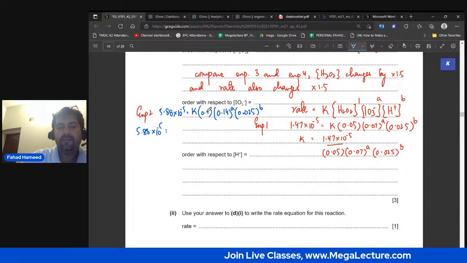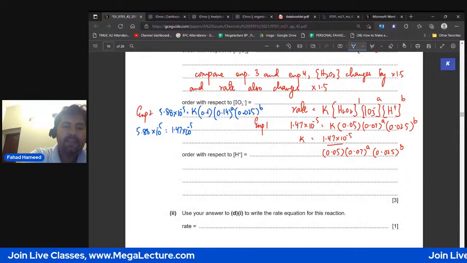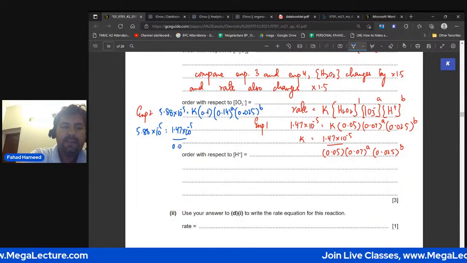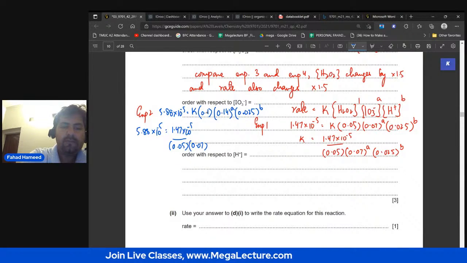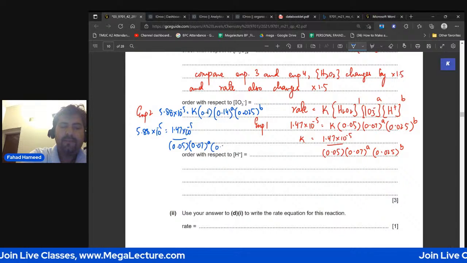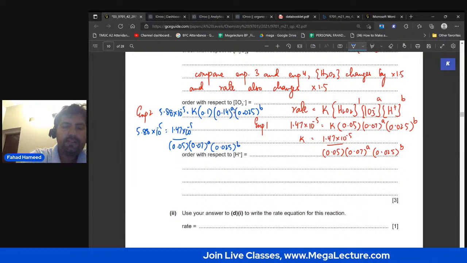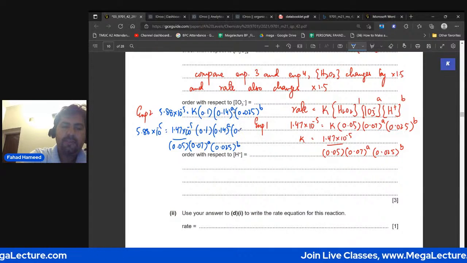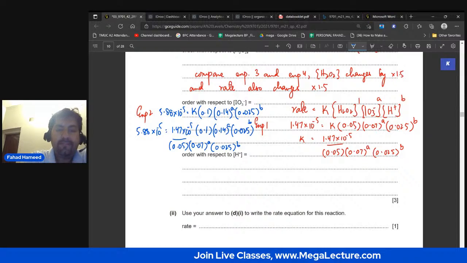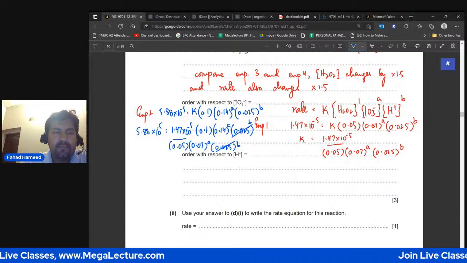The K value is 1.47 times 10 power minus 5, and divide by this whole thing, which is 0.05 and 0.07 power A and 0.025 power B. And the top over here is 0.1 into 0.14 power A and into 0.025 power B. So the 0.025 power B gets cancelled out. So all that is left is 0.14.